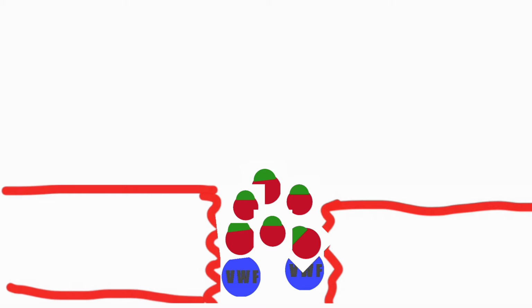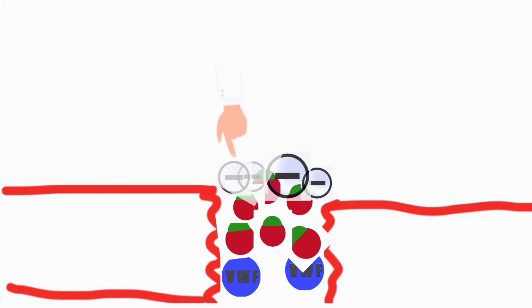So this platelet plug structure will have some negative charges at the top, covered like a cap to this structure, right? So this is what I mean. These negative charges are brought by the presence of phosphatidylserine that is found in the membrane of these platelets.